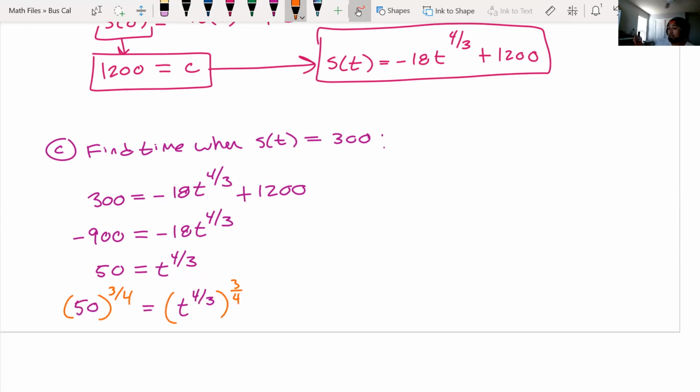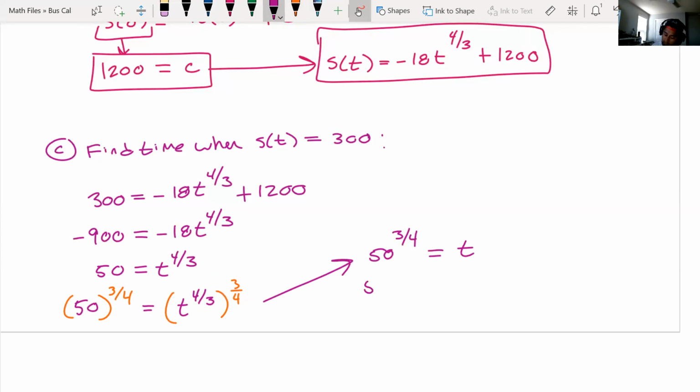Remember, power to a power is multiplication. So 4/3 times 3/4 will cancel. And this will become 50 to the 3/4 equals t.